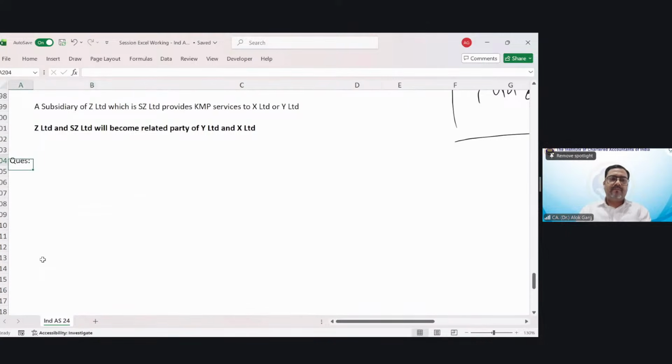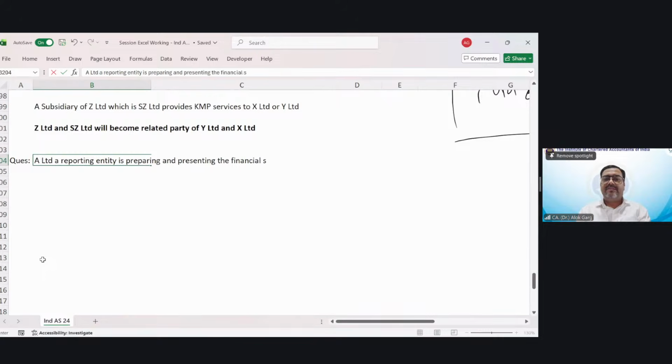Question: A Limited, a reporting entity, is preparing and presenting the financial statement for the year ended 31st March 2026.